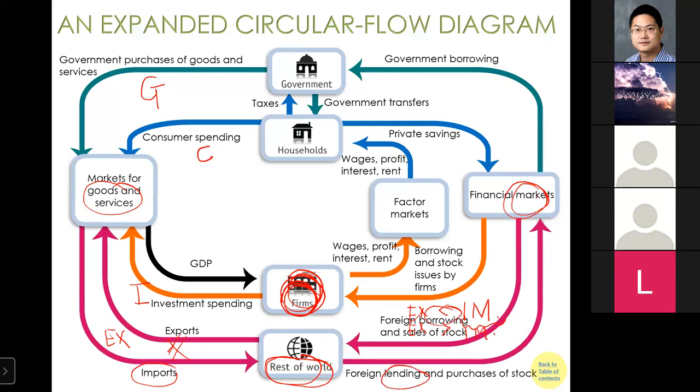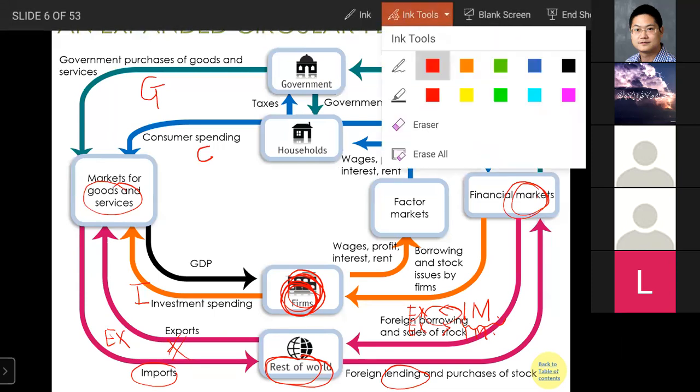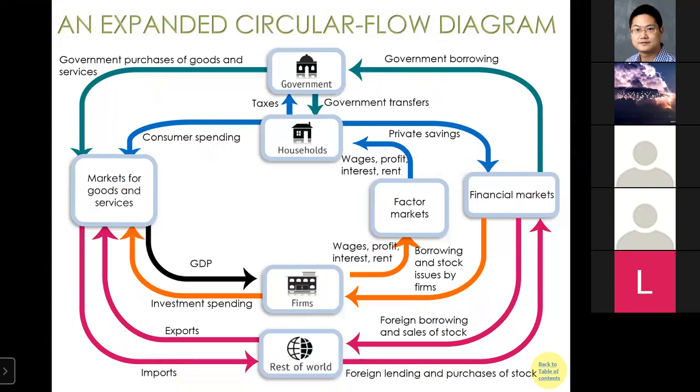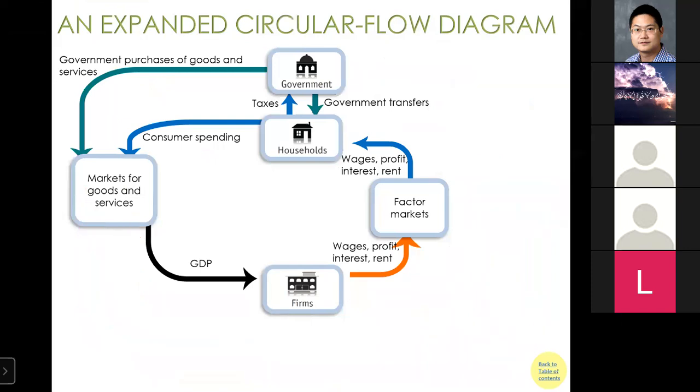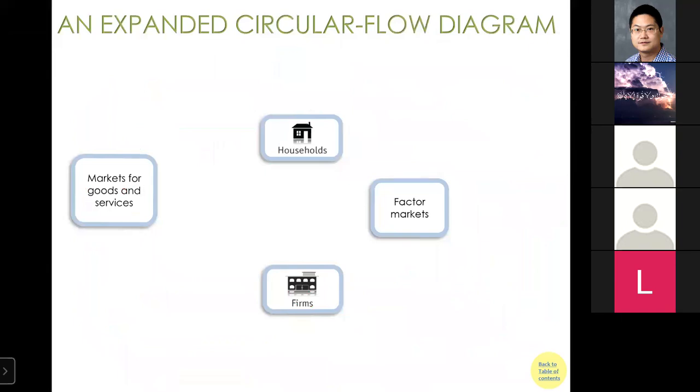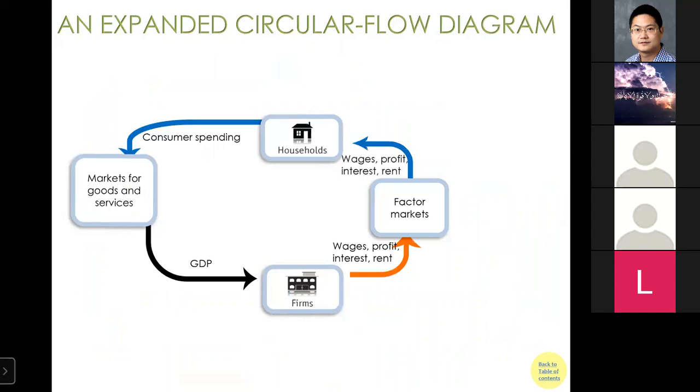Okay, so now we finish the big picture, right? We erase everything so you have a sense, right? So we start from households. Maybe we can just replay what we just discussed. Okay, so we start simple, right? We have households interact with firms. Okay, so this is a closed loop.